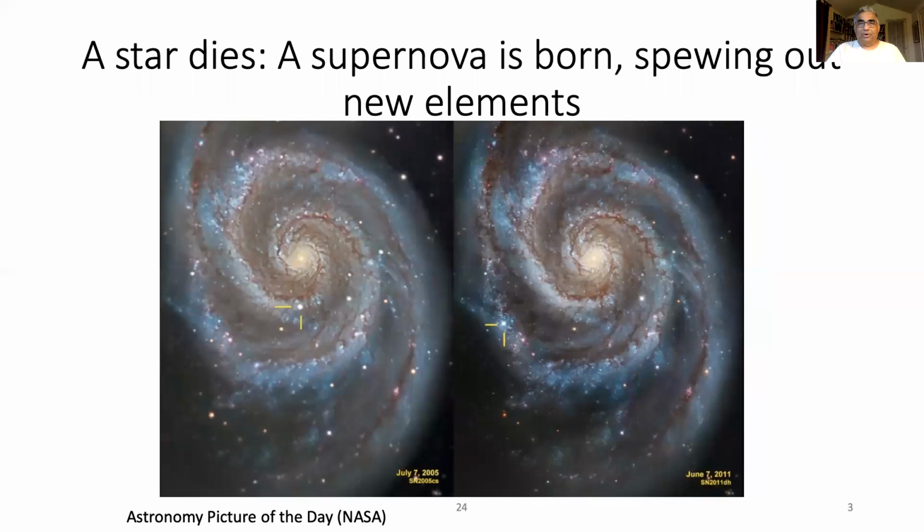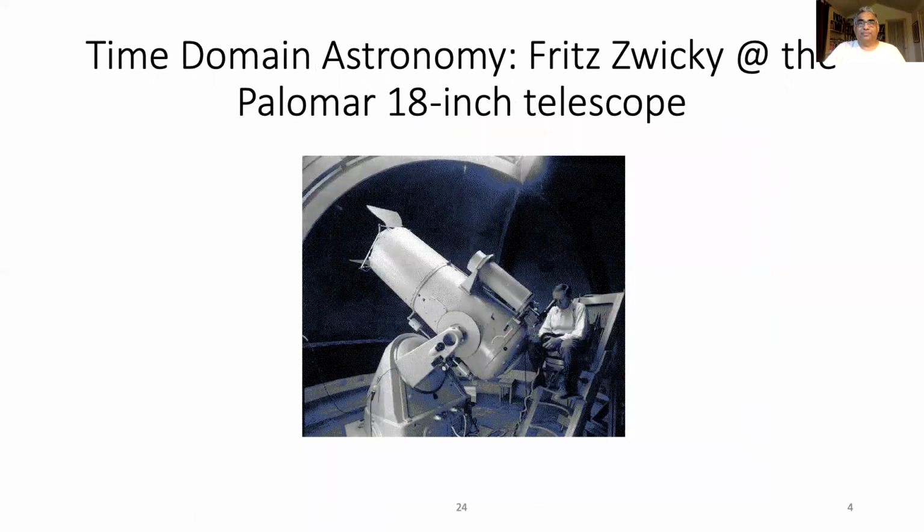The father of what we now call modern time domain astronomy is Fritz Zwicky, who was a professor of physics that was hired at Caltech when Caltech began the 200-inch project in the late 20s.